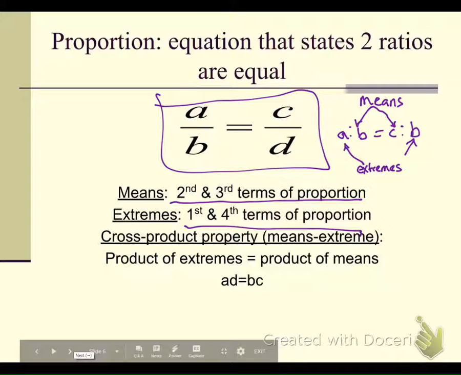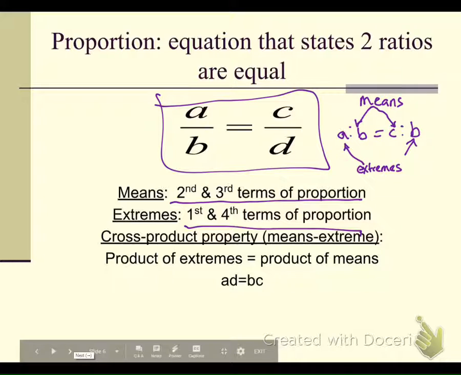You could also see that in terms of the first and fourth being the extremes. Well, you know it's the first term, 1, 2, 3, 4. So these two, and then the other two have to be these two. But I think it's a little easier to look at it in that way.